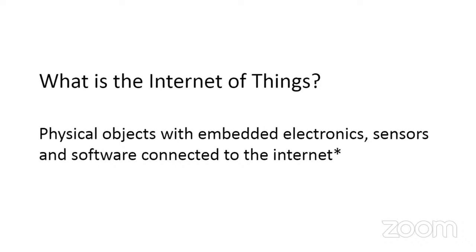This summarizes what's called Internet of Things. So you are combining the internet with things, and these things are connected to the internet through electronic devices that we call sensors.